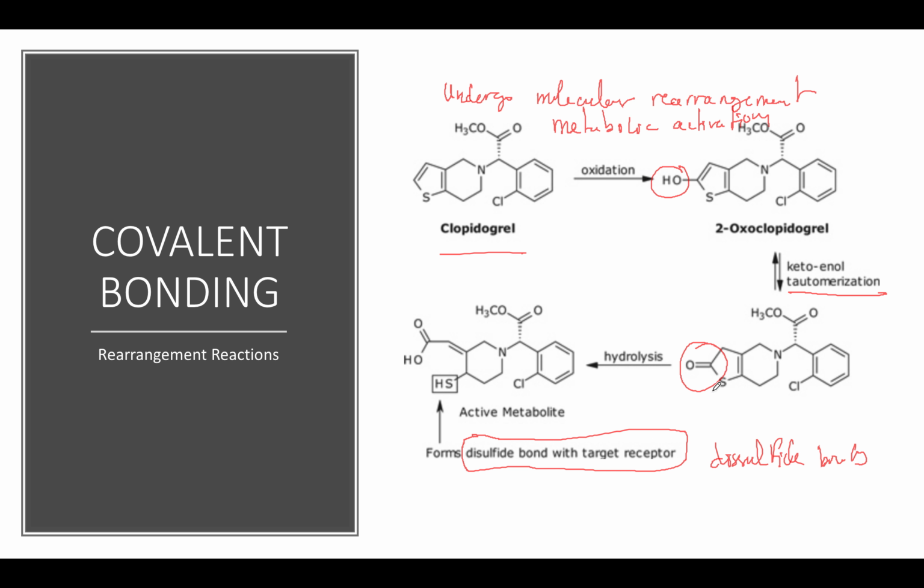So the opening of the thiophene group here is going to liberate the active metabolite, and the thiol group is going to be able to form a disulfide bond with a specific receptor on platelets. So that's the mechanism of action of drugs that undergo rearrangement.